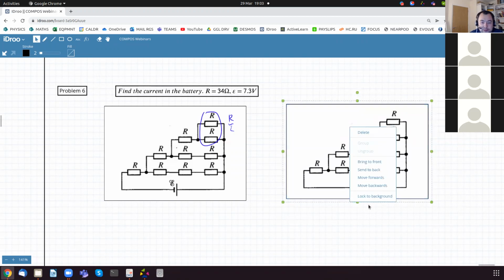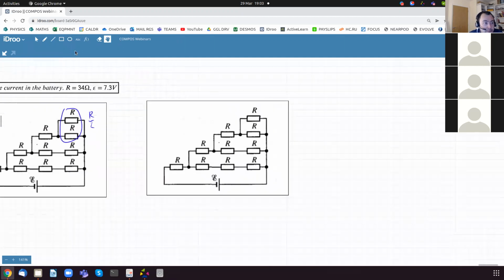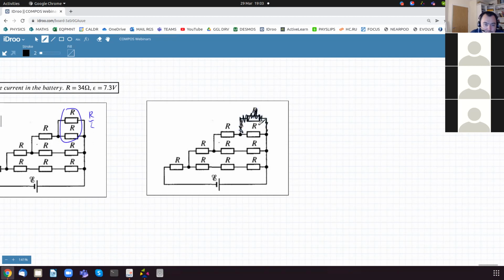Let's see if I can make it. So R over 2. Then we have R and R over 2. So that's 3R over 2.